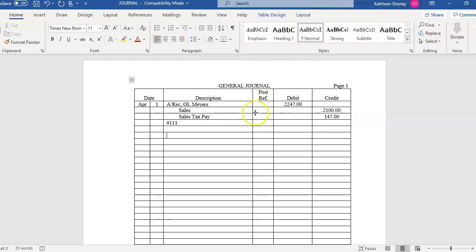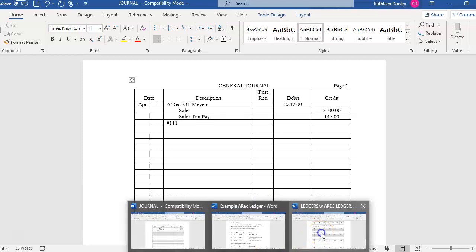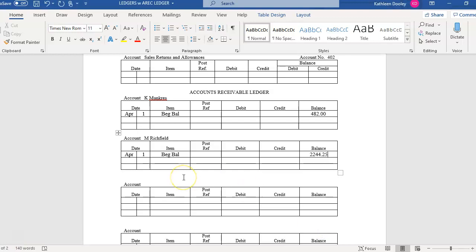Now, like the sales and the sales tax payable, I can post them later if I want to, but the O.L. Myers must be posted right away. So we're going to go to the ledger. We're going to find O.L. Myers in the accounts receivable ledger. Well, we don't have it there yet. O.L. Myers didn't have a previous balance, so we'll set it up.